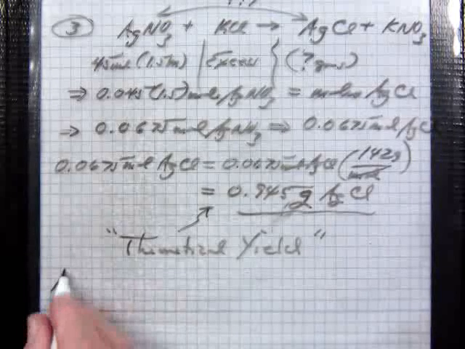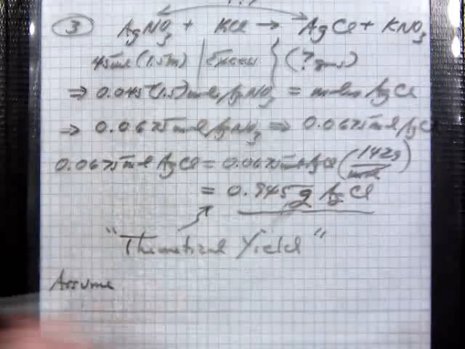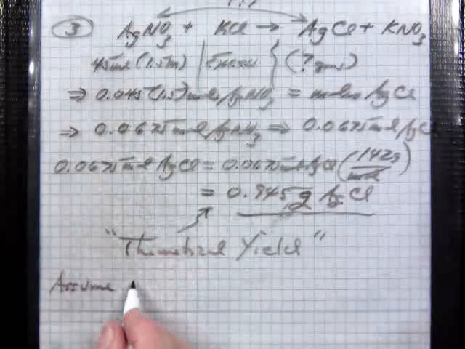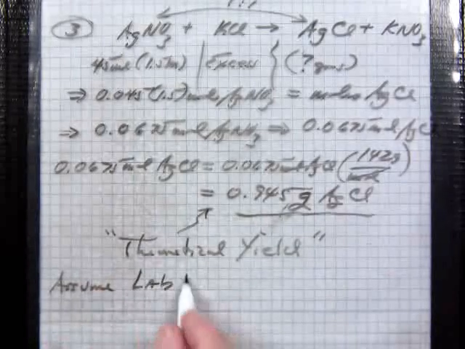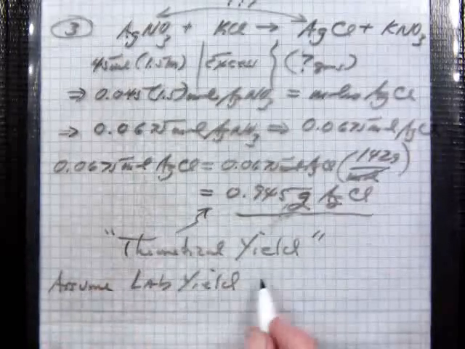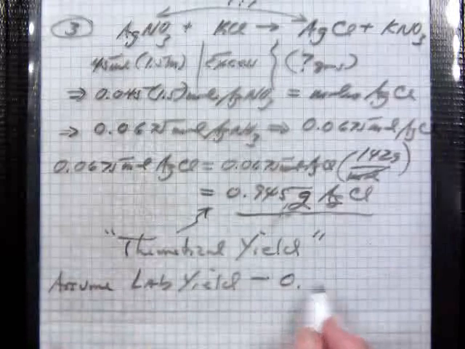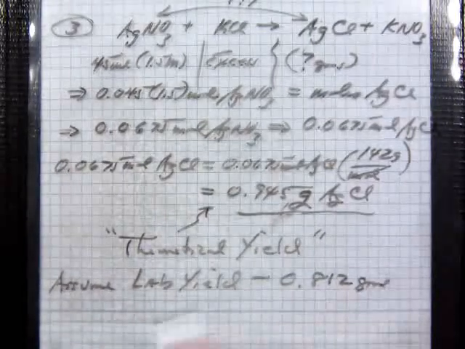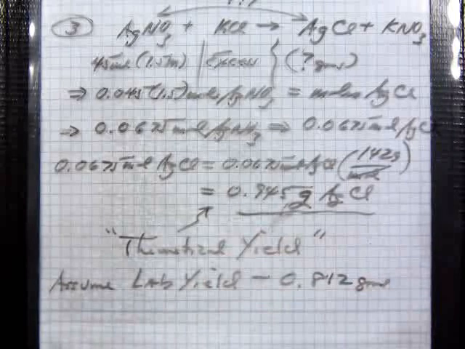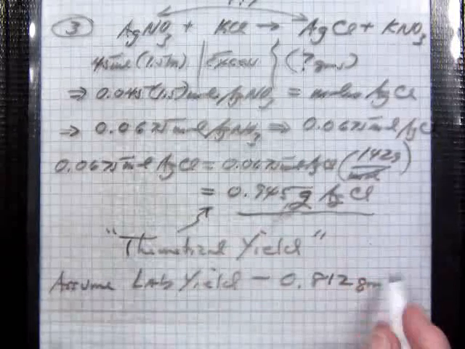Let's assume you go to the lab and your yield, lab yield, is, say, 0.812 grams instead of the expected 0.945. This is called the lab yield, or practical yield.